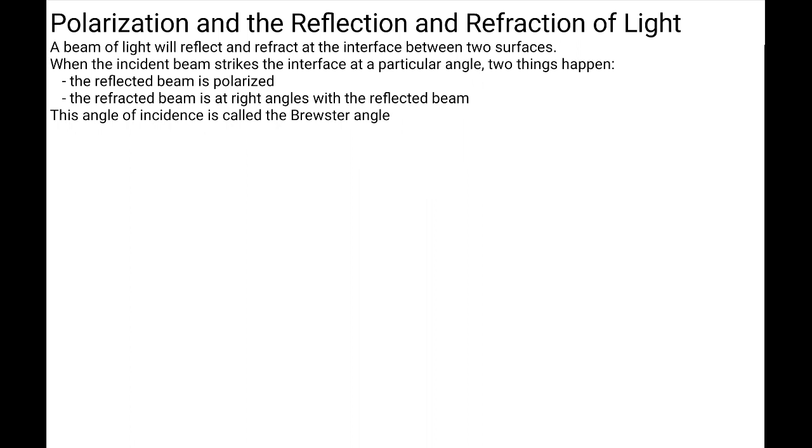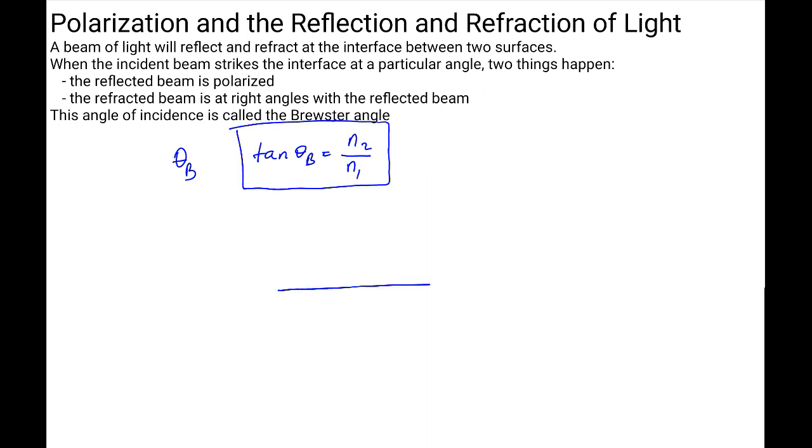And the symbol for it is just theta sub b for Brewster, and tangent theta sub b is index of refraction of the second medium divided by index of refraction of the first medium. So let me draw this one more time. Incident beam of unpolarized light reflects and light here is going to be polarized.